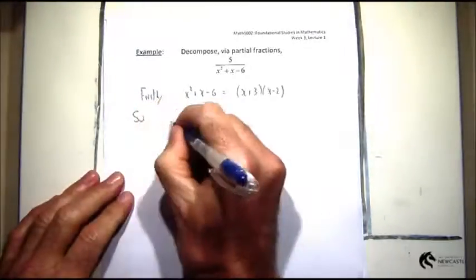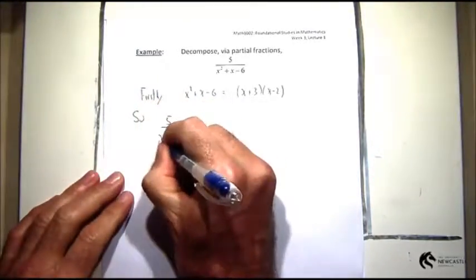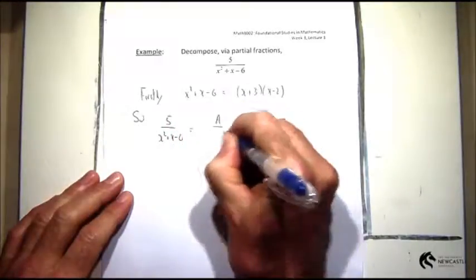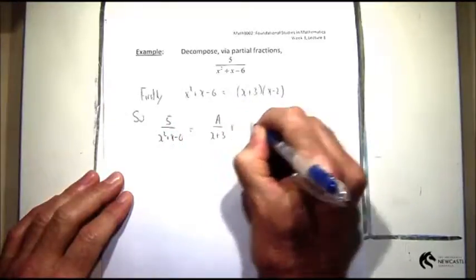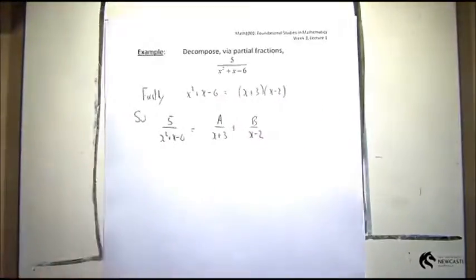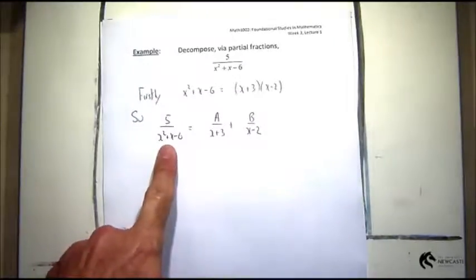And so what I want is I want to write 5 over x squared plus x minus 6 as a over x plus 3 plus b over x minus 2. And my job is to find the a and the b. To find the a and the b, I'm going to multiply both sides by x squared plus x minus 6.